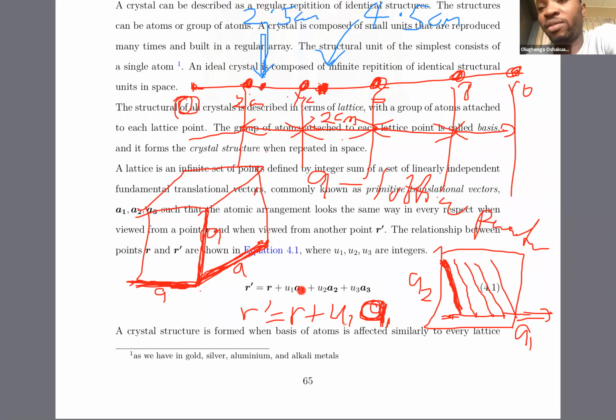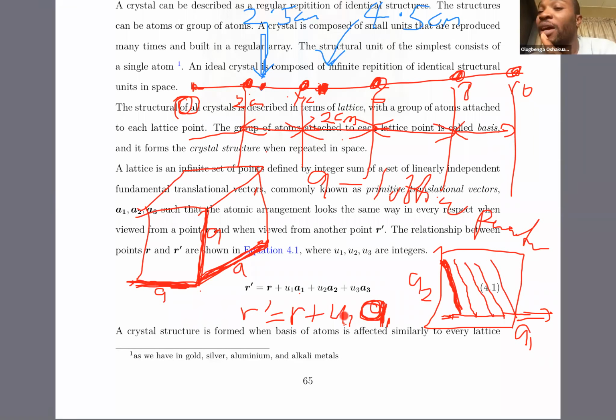A1 is like a lattice constant. I don't want to call it a lattice constant directly, but for this particular direction, if you have traveled distance A in direction A1, then we can say that your total journey will be U1 times A1.